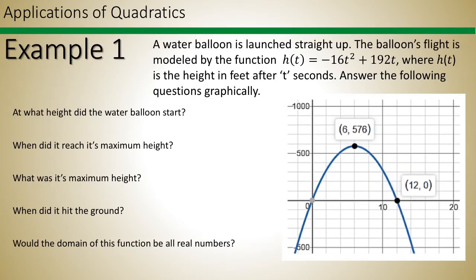So first example, we have a water balloon that's launched straight up, and the balloon's flight is modeled by the function h of t is -16t squared plus 192t, where h of t is the height in feet after t seconds. Answer the following questions graphically. So the first question, at what height did the water balloon start?